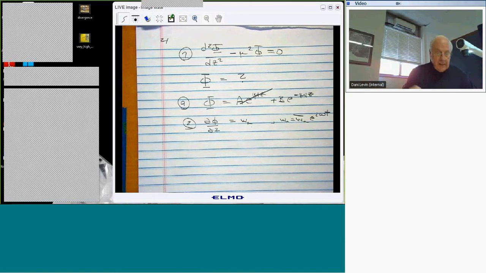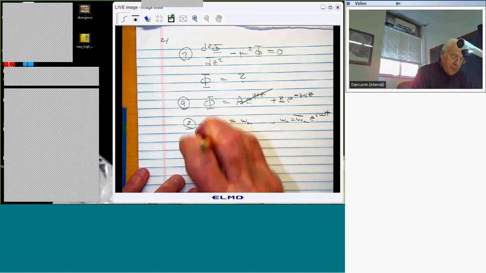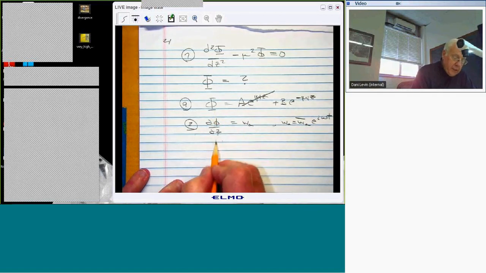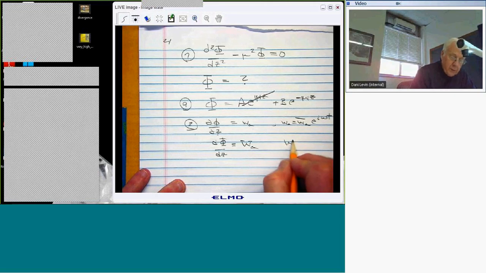All right? So this is now d, well, it's really an ordinary derivative now. It's d capital phi with respect to z is equal to, I'll call it capital W sub A, where capital W sub A is by definition the Laplace transform of WA bar, right?